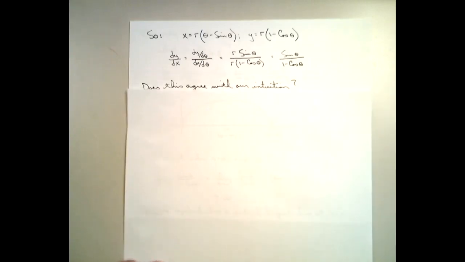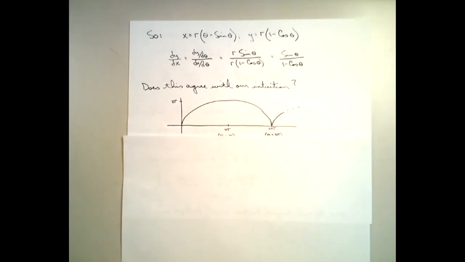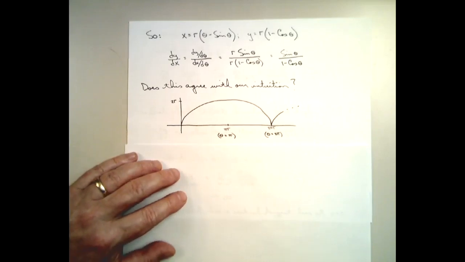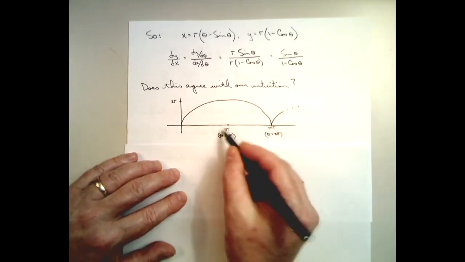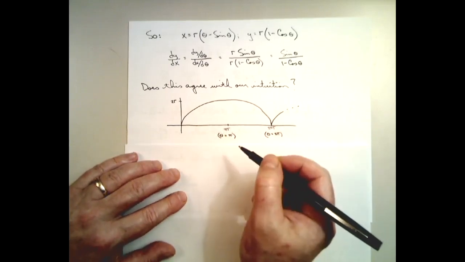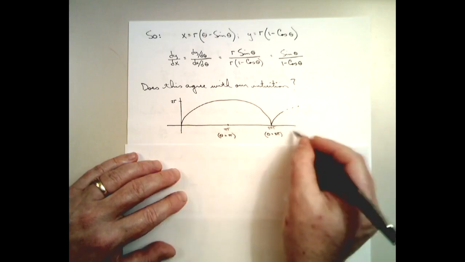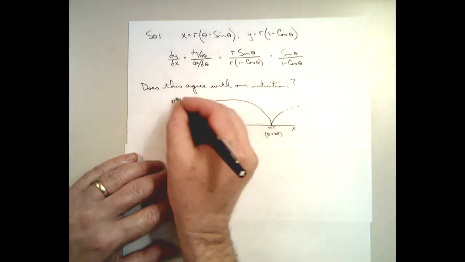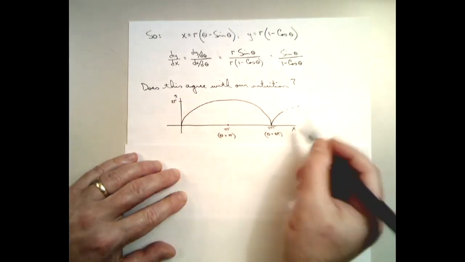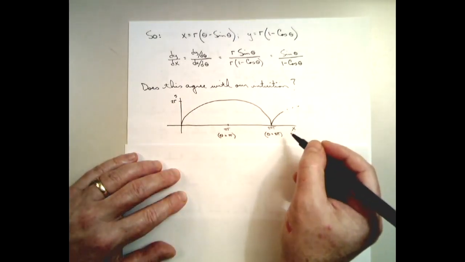So I'd kind of like to make sure that what we got here actually agrees with our intuition, agrees with what we would expect to happen with the cycloid at various points. So let's just notice that here at pi times r, actually knowing what the x value is isn't the most convenient thing for us, right?